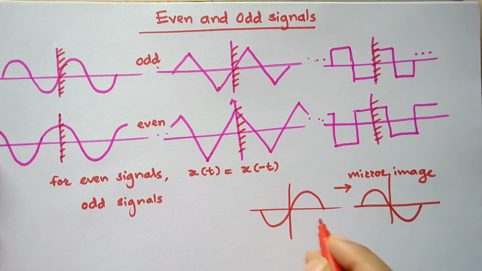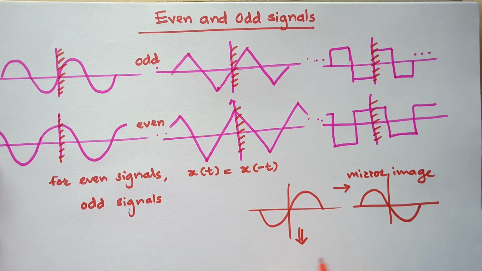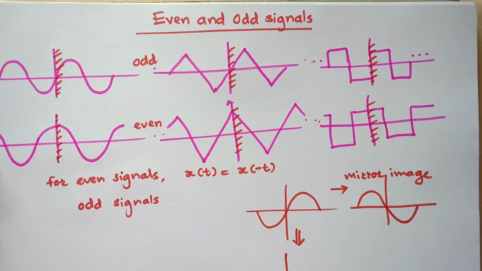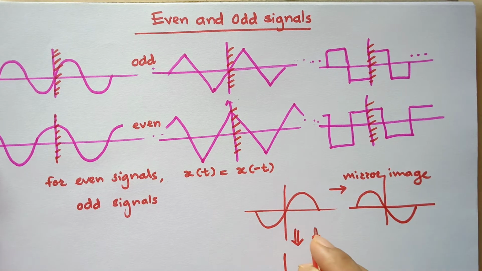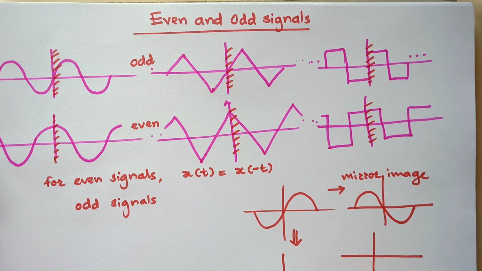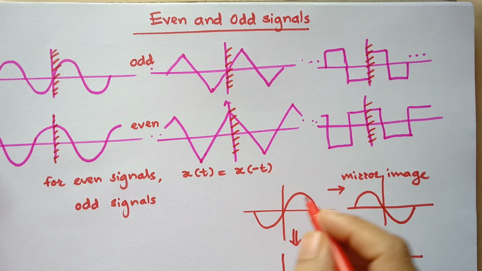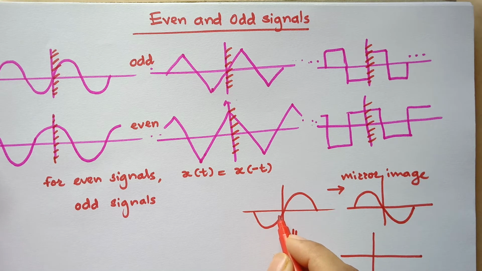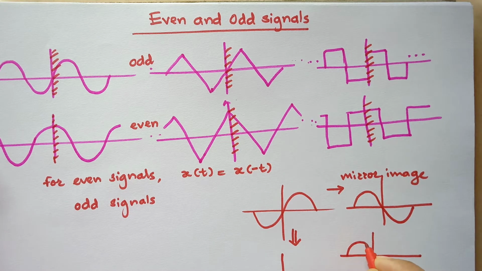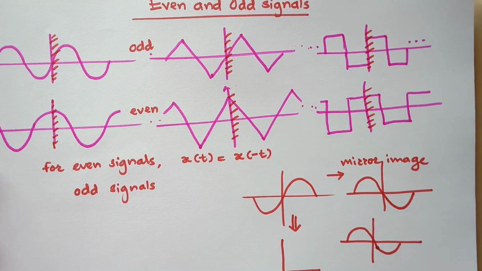And here we perform amplitude inverse. Amplitude inverse will multiply the signal by -1. So this part will go upside and this part will go downside.